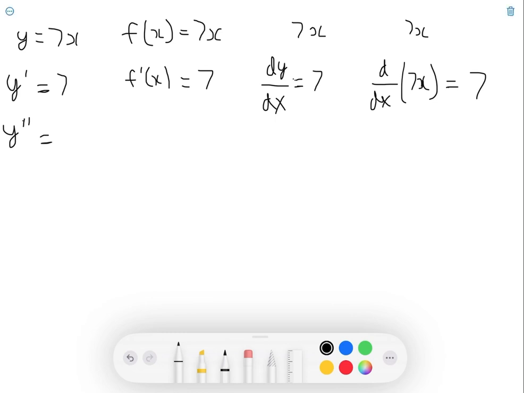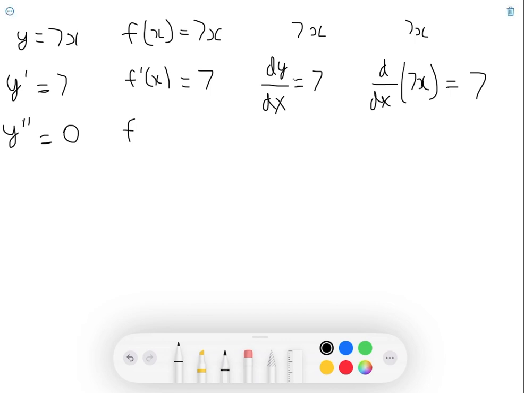And if we take the derivative, the derivative of 7 is 0, because that is a constant term. That's like saying 0x plus 7, and in that case the slope would be 7. So since we know the second derivative, I'll go ahead and just focus on the notation for now.